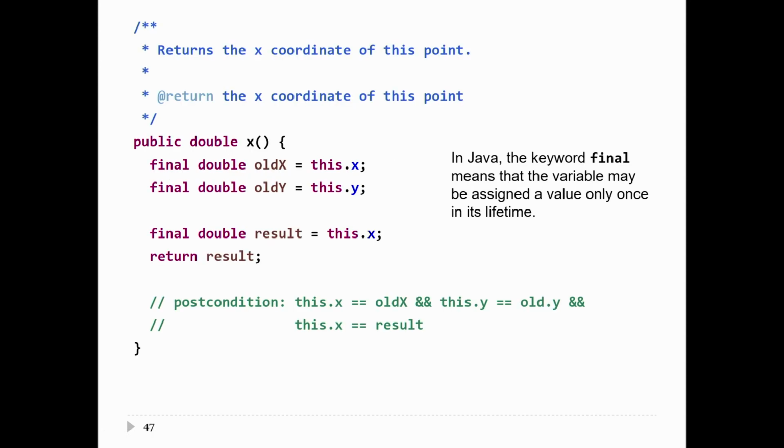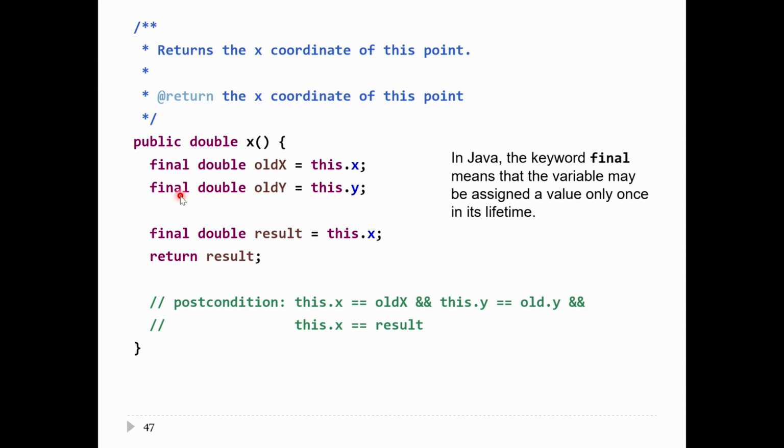If I actually wanted to express the postcondition in Java, you would end up doing something like this. Here's my method x. Remember, all it does is return the x-coordinate of the point. So I'm going to remember what the current x-coordinate is when the method is called. That's old x. I'm going to remember what the current y-coordinate is when the method is called.